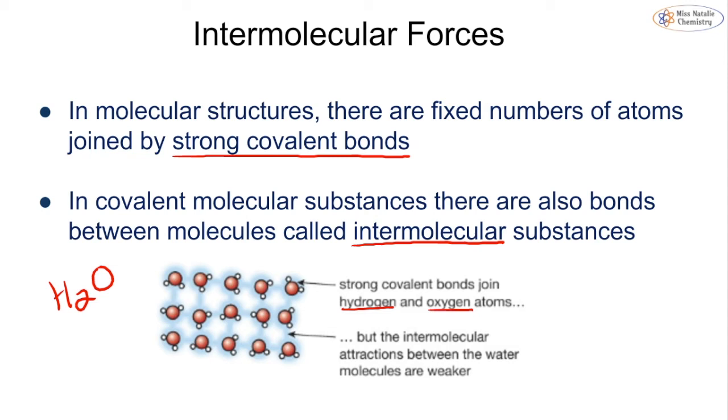But then within our substance that contains lots of water molecules, we get some attraction between the different molecules, and these are known as intermolecular attractions. And these, whilst they are electrostatic attractions, they are quite weak. And that's something that's going to be very important when we talk about the properties of covalent molecular substances.